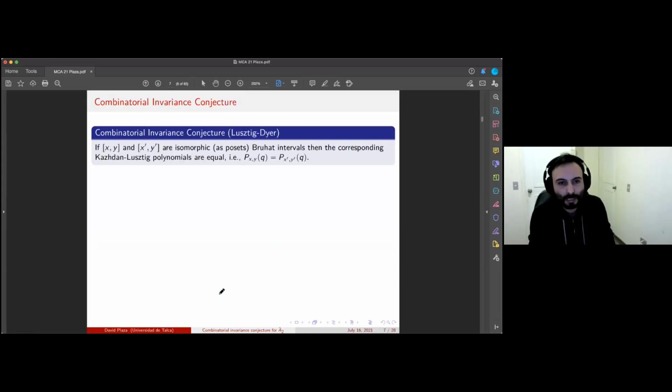So we have already defined all the ingredients needed to enunciate the combinatorial invariance conjecture, which is due to Lusztig and Dyer independently.